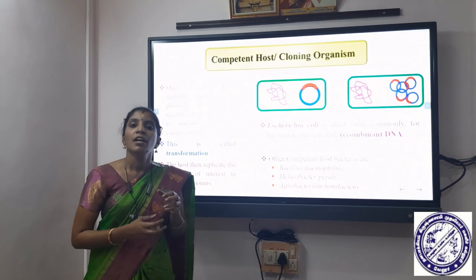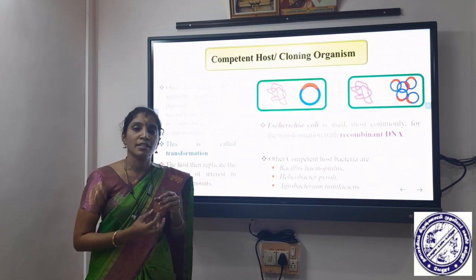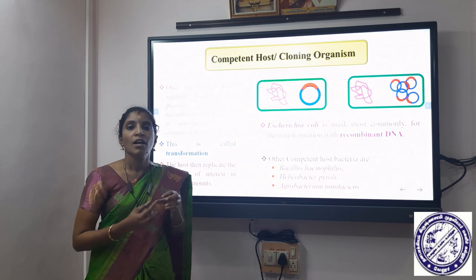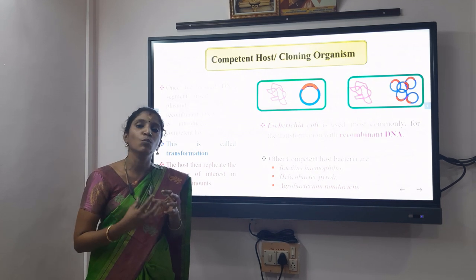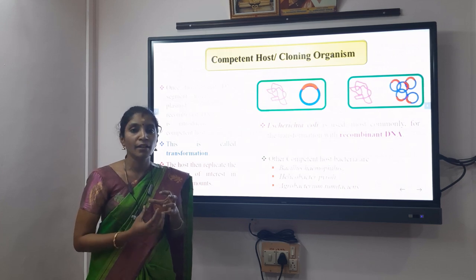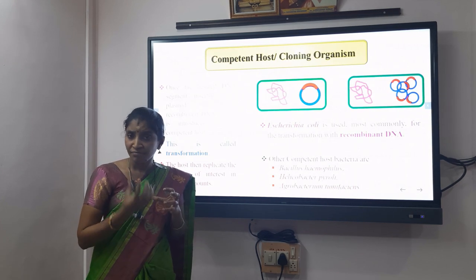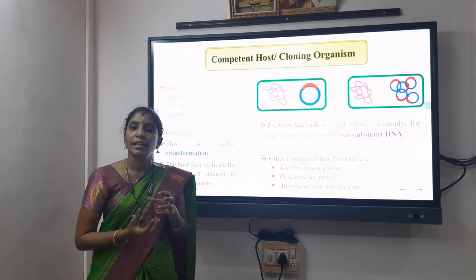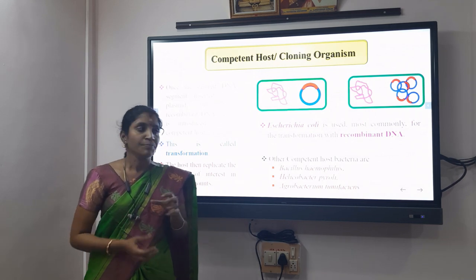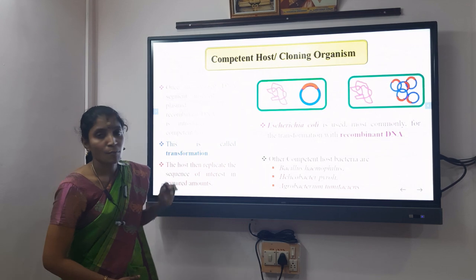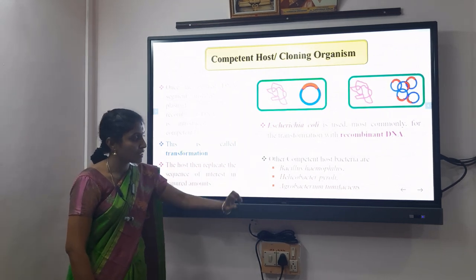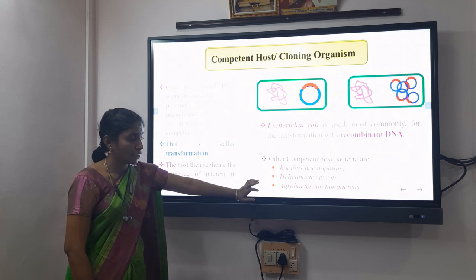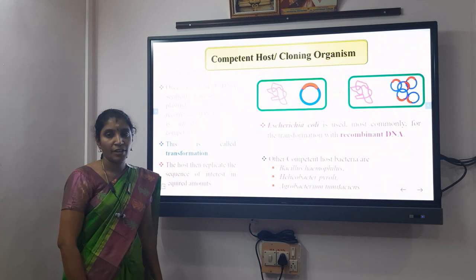In plant cells, they usually follow the biolistic or gene gun method, where the cells are bombarded with a high velocity of DNA-coated gold particles. So these are the competent host methods. Other competent hosts are bacteria such as Bacillus, Helicobacter pylori, and Agrobacterium tumefaciens.